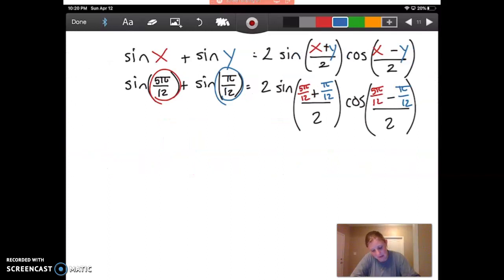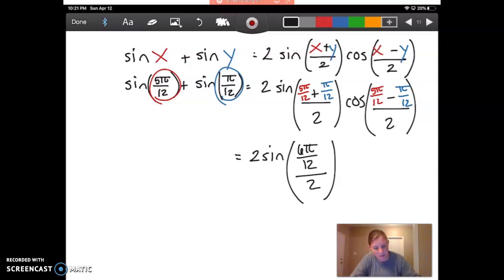So when I look at this and I'm simplifying it, I'll have 2 times the sine of, I'm going to add 5 pi over 12 plus pi over 12, which gives me 6 pi over 12 divided by 2. We are going to simplify that. And then this is times the cosine of 4 pi over 12 divided by 2. We're going to use that nice little trick where we combine denominators.